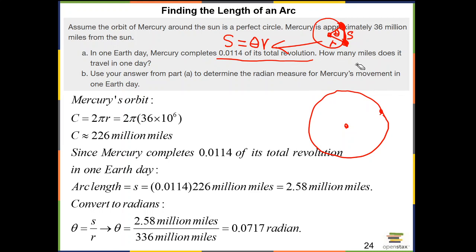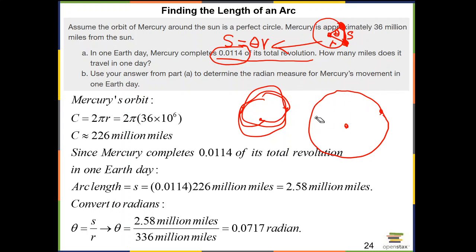So this is actually rotating by itself, right? So Earth goes around in 1 Earth day, rotates one time, that's 1 day. Mercury in 1 Earth day only finishes this much of its rotation, right?